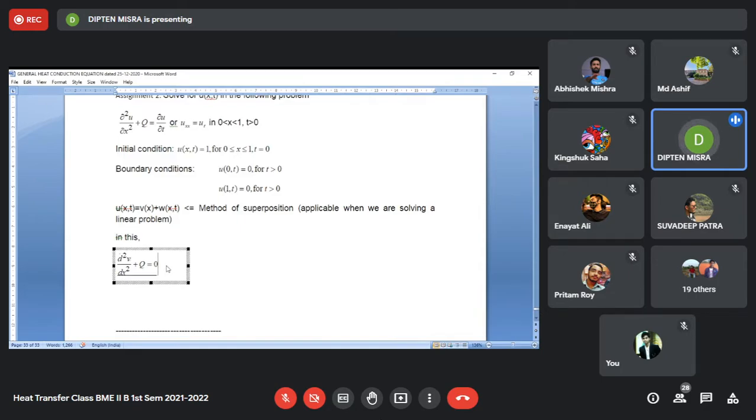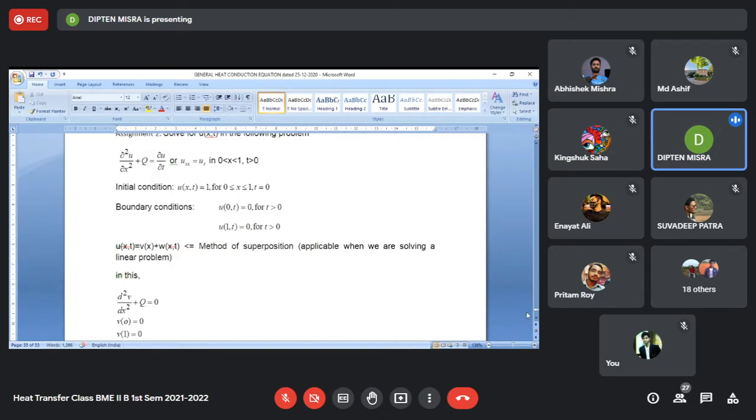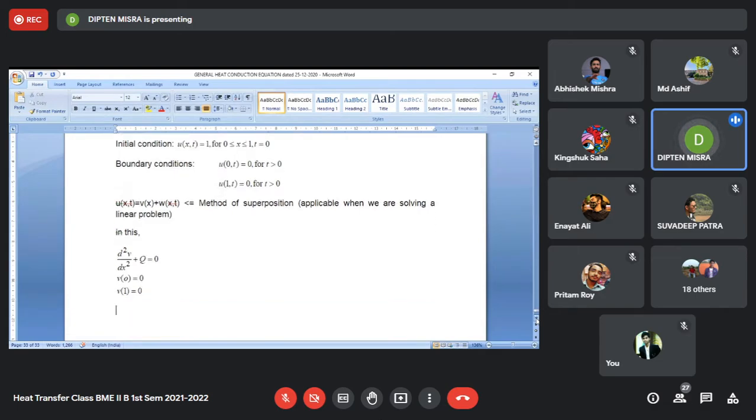And subject to boundary condition that V at 0 is equal to 0 and V at 1 is equal to 0. And there is no initial condition for V. So V is a problem that represents a steady state problem, and in this V we take care of the heat generation term.